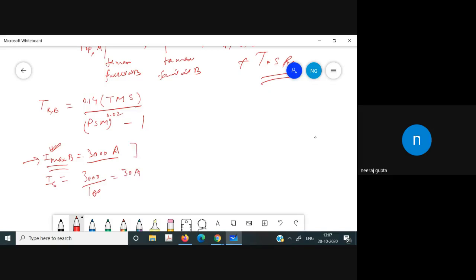It is the maximum fault current on the secondary side, because the CT ratio we have chosen as 100:1 in this case.